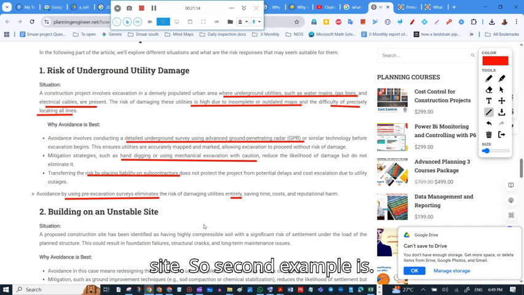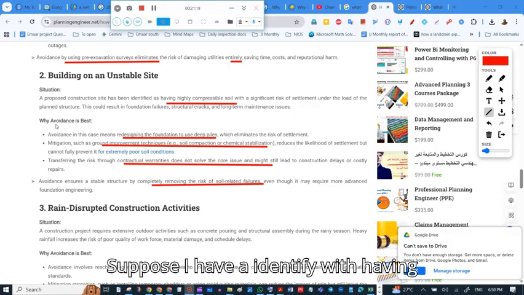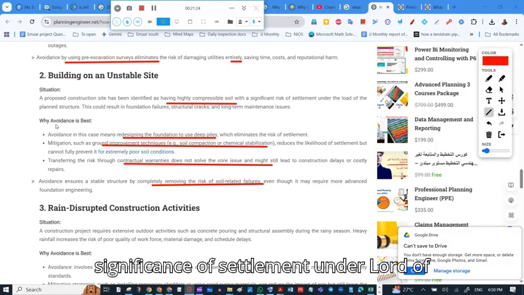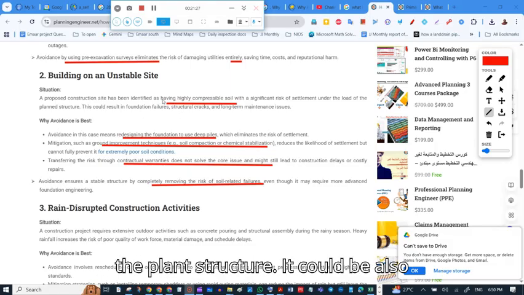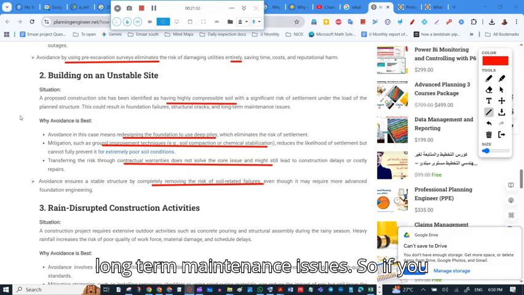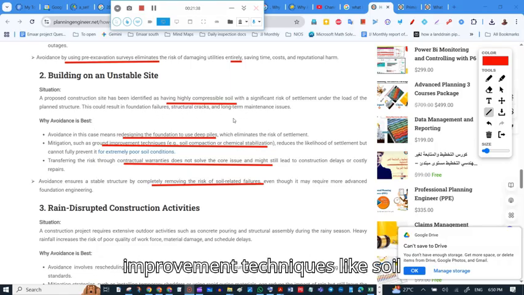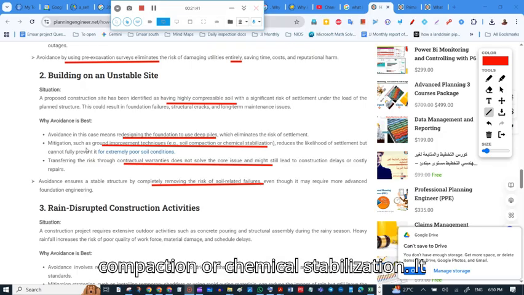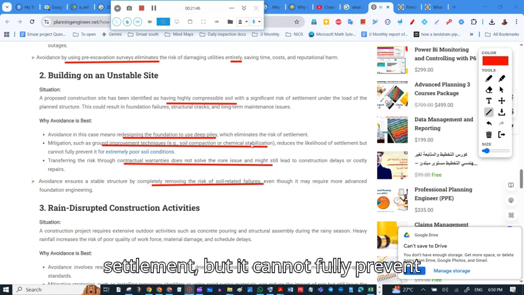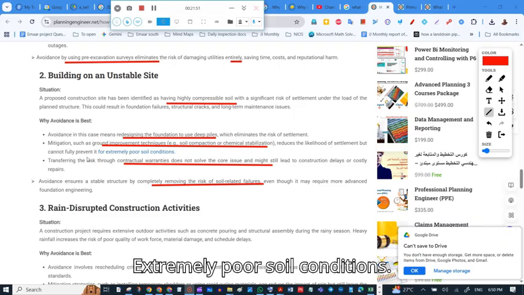So the second example is building on an unstable site. Suppose a construction site is identified as having highly compressible soil with a significant risk of settlement under the load of the plant structure. It could lead to foundation failure, structural cracks, and long-term maintenance issues. If you use mitigation such as ground improvement techniques like soil compaction or chemical stabilization, it can reduce the likelihood of settlement, but it cannot fully prevent it for extremely poor soil conditions.